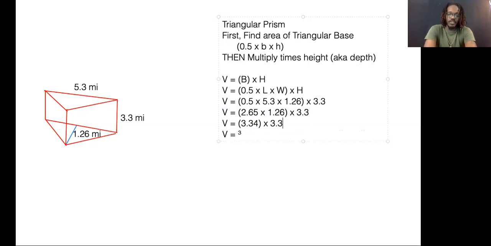Not going to ask you guys to use that super long number. We can just say 11.02. We'll just go to the nearest hundredth place. Cubic miles. So this is the answer that you would have, as well as all of the steps.